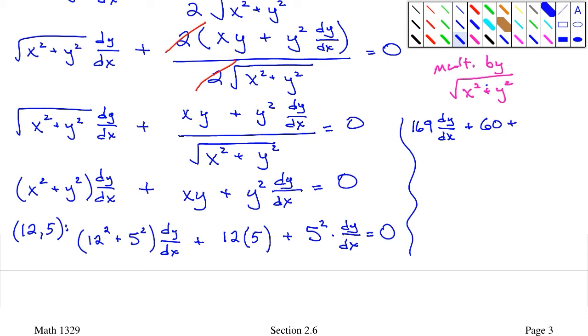And 5 squared is 25. So it's 25 dy/dx equals 0.